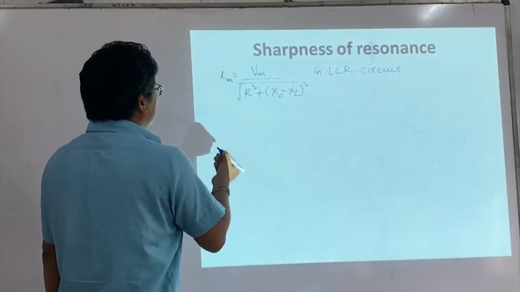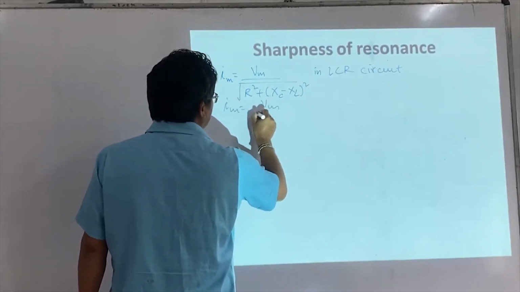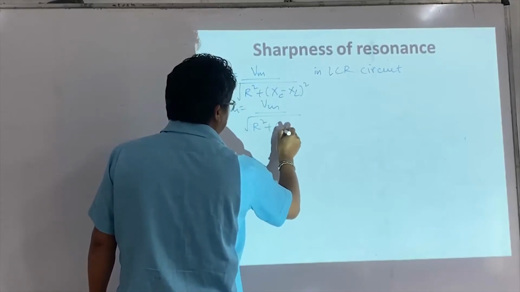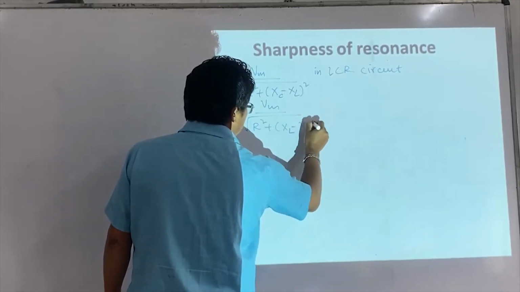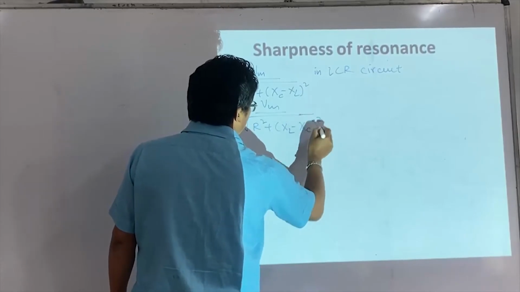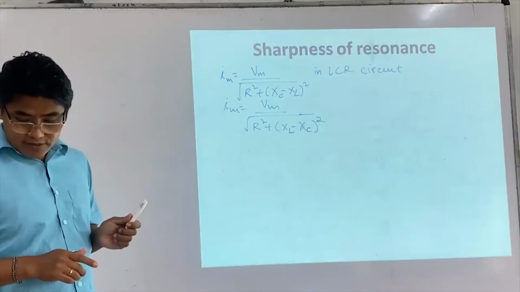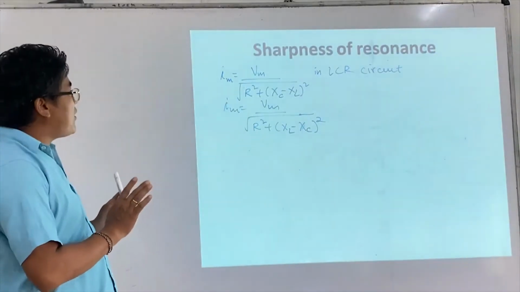I can rewrite this equation as R squared plus (XL minus Xc) whole squared. Why? Because since it is a whole square, it doesn't make any difference.